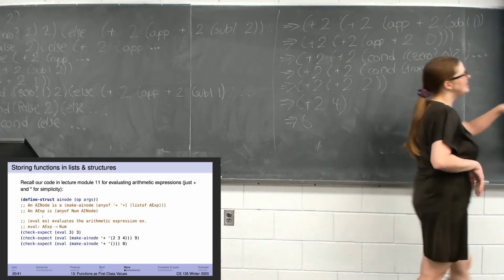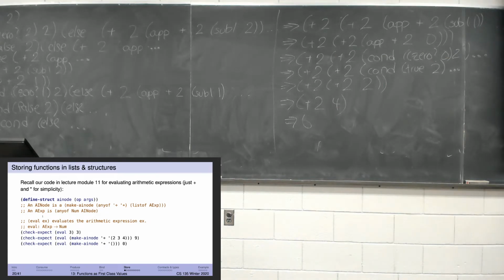And then you can really see here a few examples of us actually using it. So this here is an arithmetic expression, because if you look at the data definition, a number is an arithmetic expression. If you evaluate 3, I should hope you get 3. Otherwise, it wouldn't make sense. And then if I have an arithmetic expression as a single node, with plus being our operator, and then 2, 3, and 4 being our children, we would expect that, of course, to add up to 9.